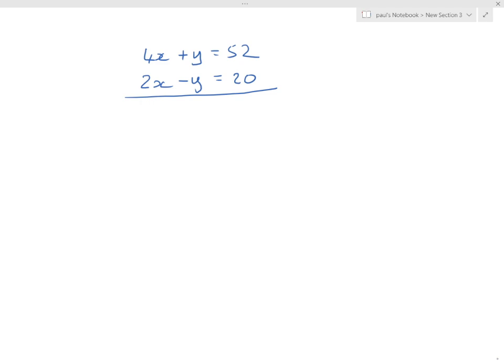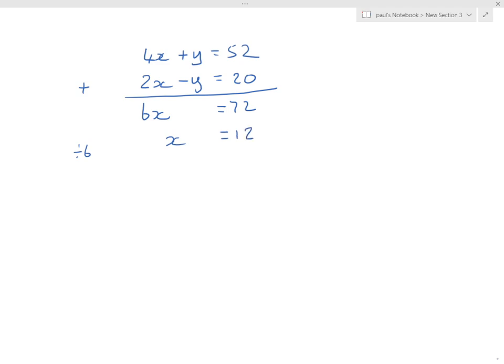So instead of subtracting the bottom from the top, we're going to add them together. So this will be 6x, the y's cancel each other out, and this is 72. And divide by 6, so x is equal to 6 is into 72, 12.